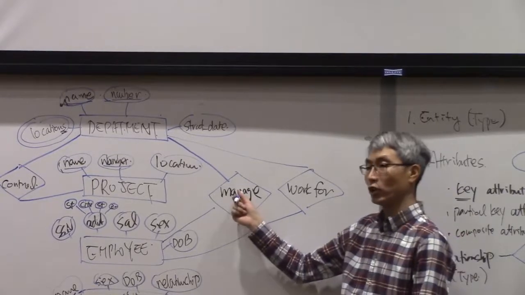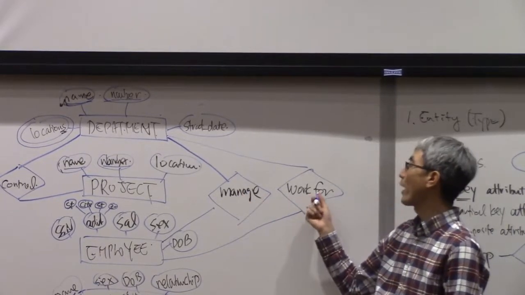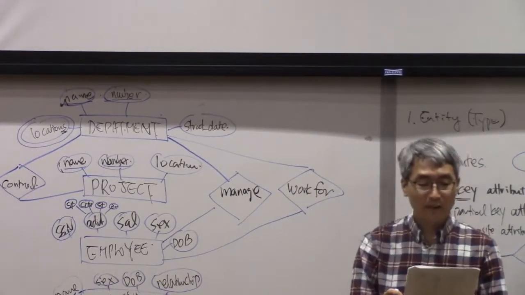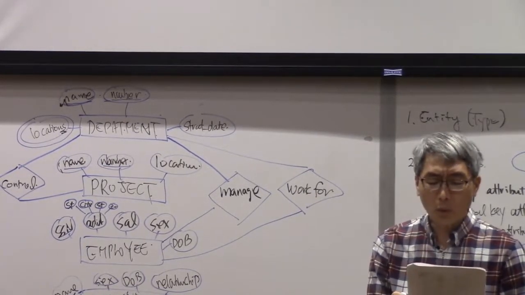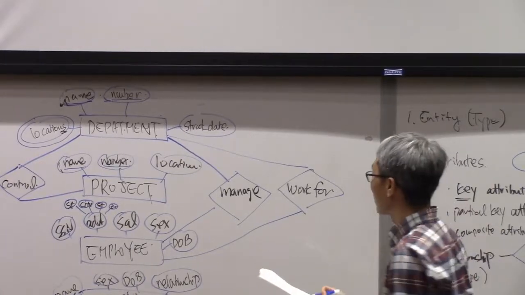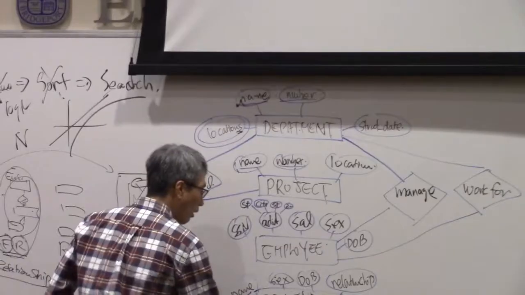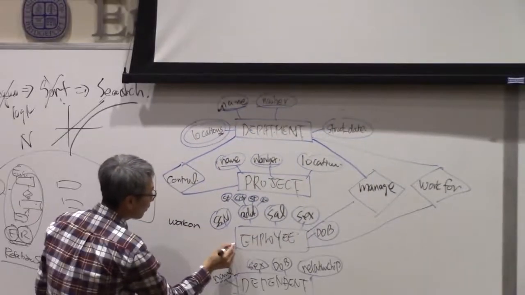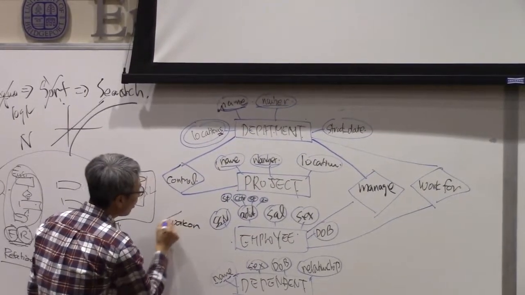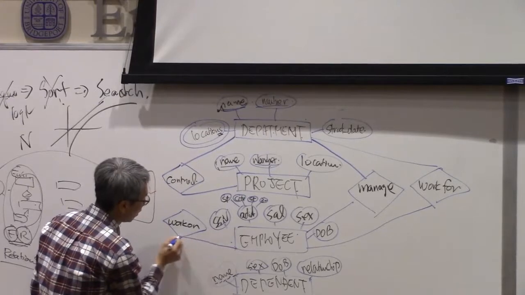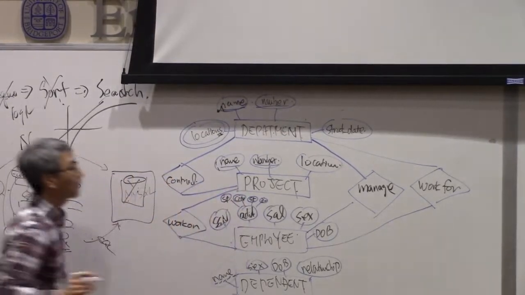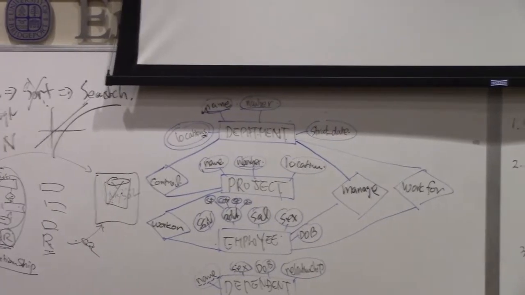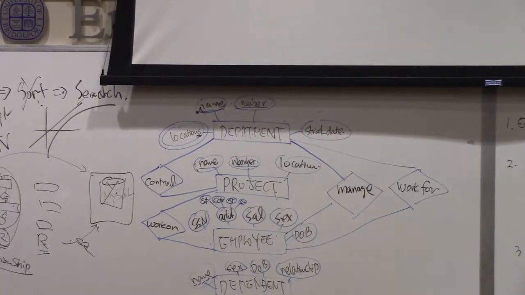One is the manager relationship, but we also have works for. It's okay. Then, may work on several projects. So we have works on, employee works on several projects like this. Okay, so this is another relationship.